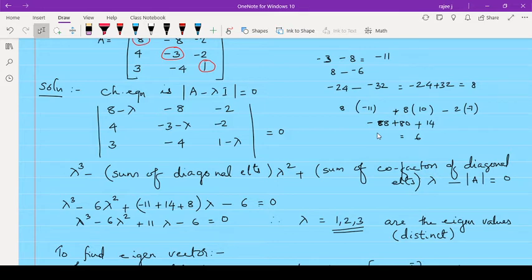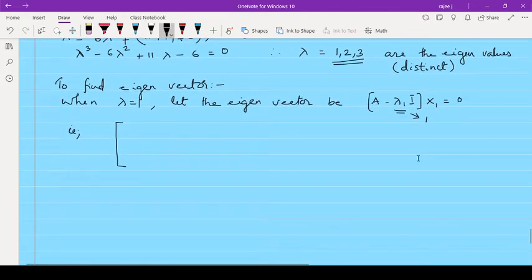So 8 minus 1, minus 3 minus 1, 1 minus 1. In this determinant, we are putting lambda equal to 1, but we are considering the matrix only here. So 8 minus lambda means 8 minus 1, 7. Then minus 8, remaining all will be the same, minus 2, then 4, minus 3 minus 1, so it is minus 4, minus 2, 3, minus 4 and 0.